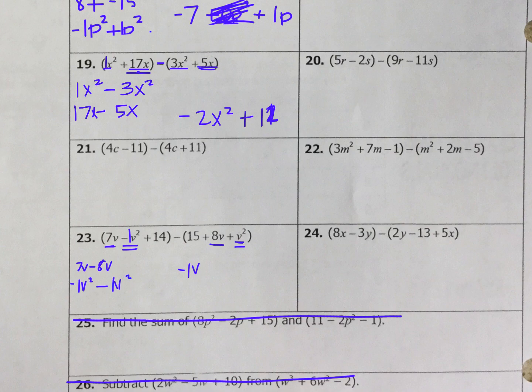So it would be negative 1 minus 1, which makes negative 2v squared. And then I've got this 14 minus 15. Just don't forget those minus signs. That's minus 1. To write this in happy math lovely language, negative 2v squared minus 1v minus 1.